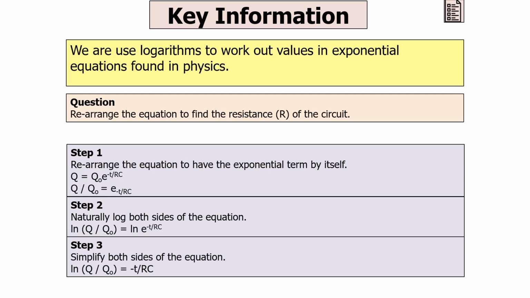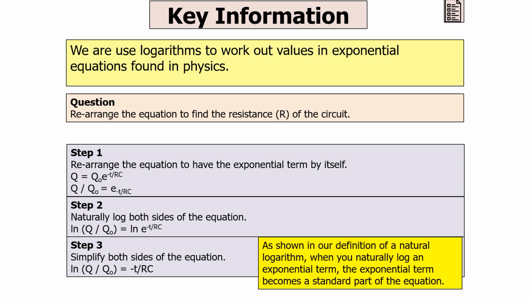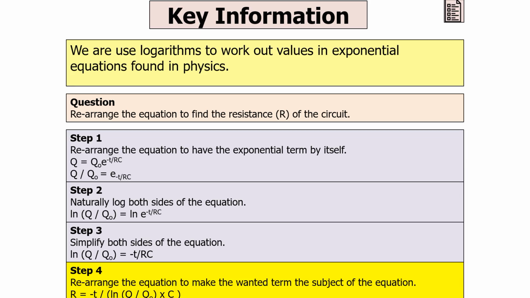So natural log Q over Q0 equals minus t over RC. As shown in our definition of a natural logarithm, when you naturally log an exponential term, the exponential term becomes a standard part of the equation, and then finally we rearrange the equation to make the wanted term the subject of the equation. So here R equals minus t over natural log Q over Q0, times C.